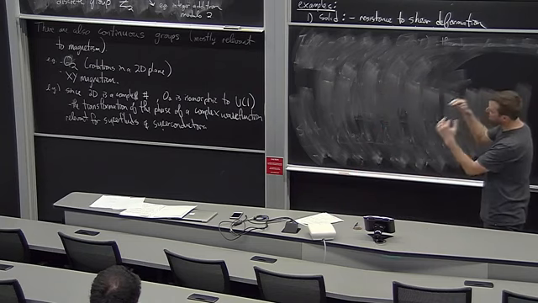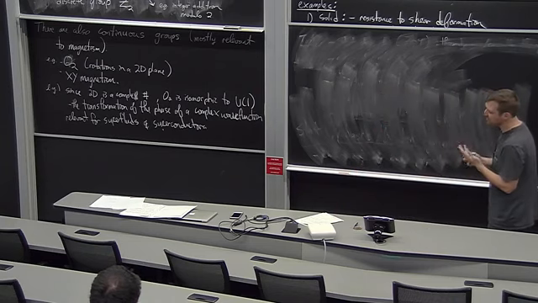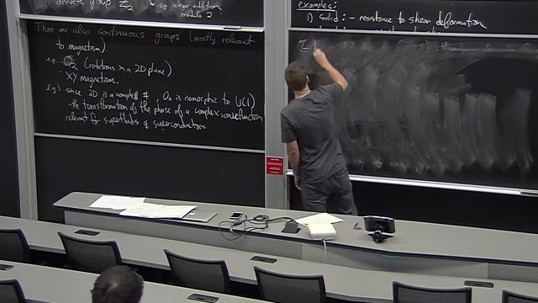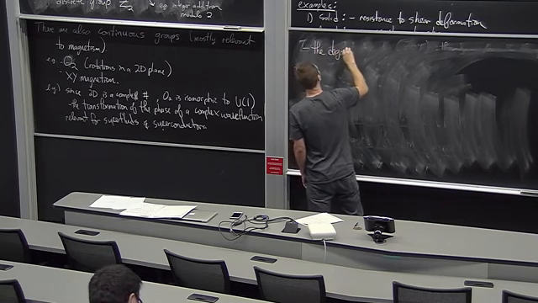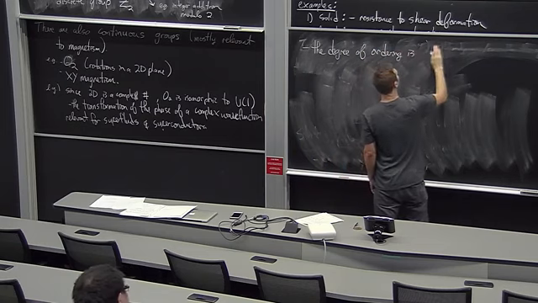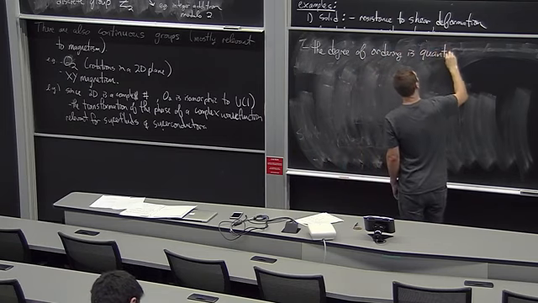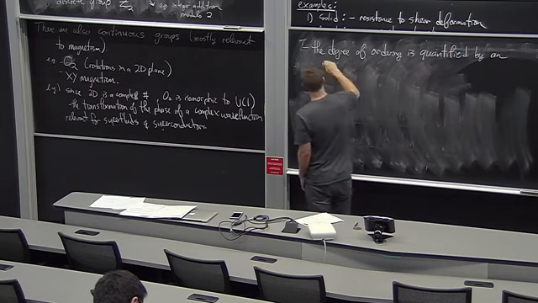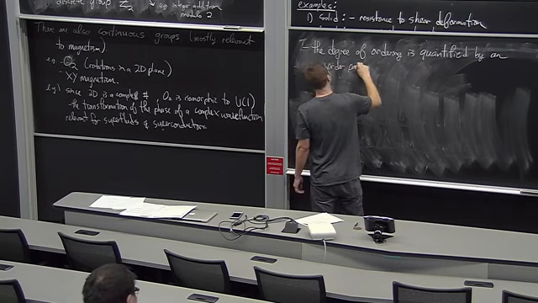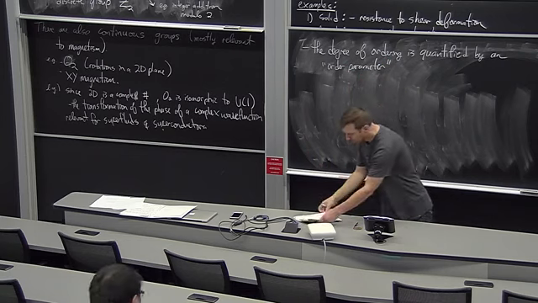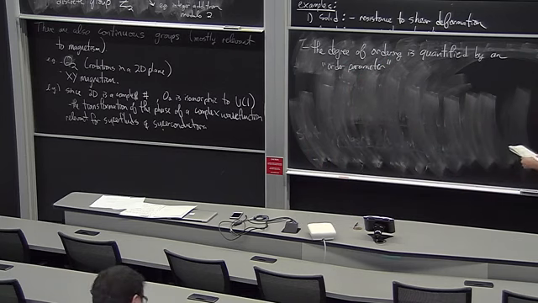So in all these conventional cases, the degree of ordering is quantified by what's called an order parameter. That order parameter is a physical quantity that's based on or derived from the broken symmetry.